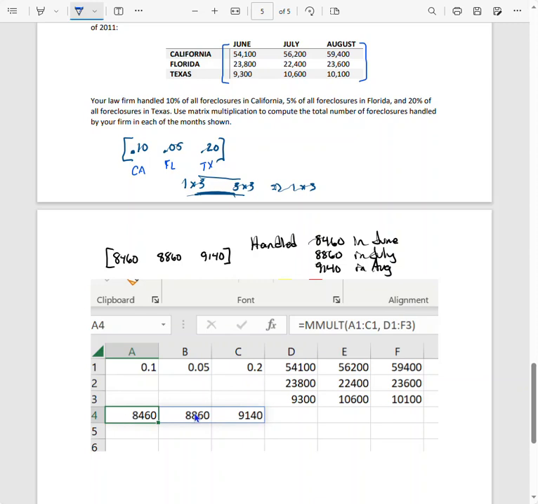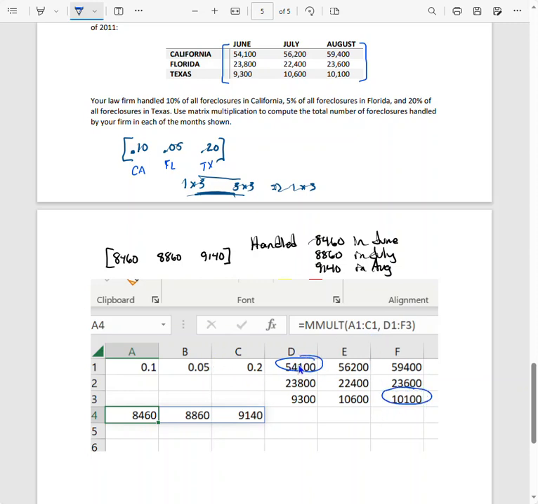And then to get the answer, my answer matrix, wherever I want my answer to be, I decided my answer was going to be in A4 because nobody used row 4. I wrote the equation equals MMULT, matrix multiply. My first matrix starts at A1 and goes to C1, comma, my second matrix starts at D1 and goes through F3.